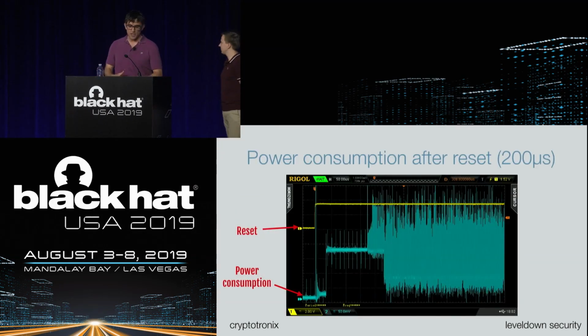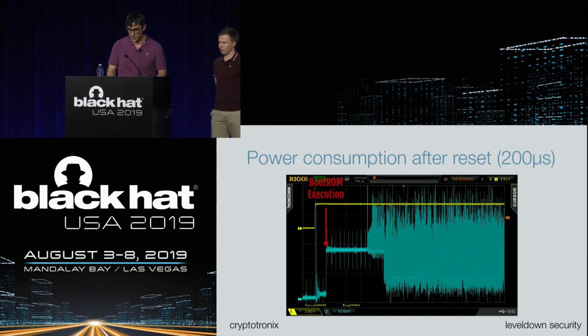And then, for the power consumption, the technique is basically using a shunt measurement. We have a shunt resistor to measure the power, and we're in the Bootrom. Again, here we're looking at the reset, and we're also looking at the power consumption with the shunt resistor. We see when the Bootrom starts execution.